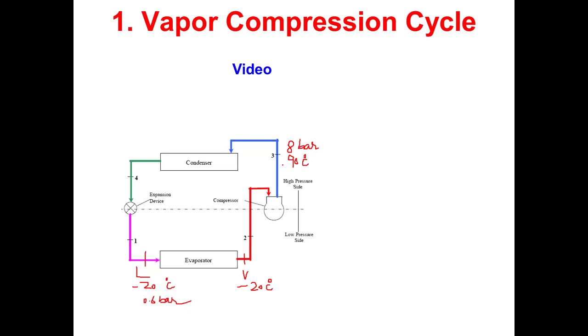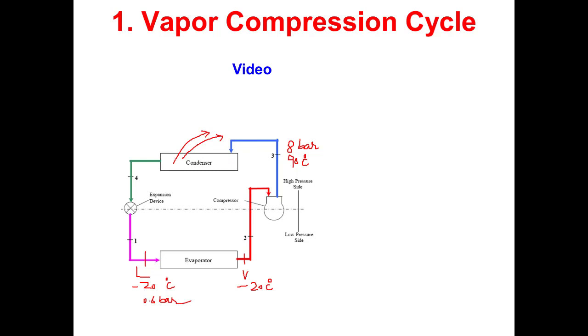So this high pressure, high temperature vapor enters into the condenser. Now the heat absorbed from the evaporator and the heat added as a result of the compression process need to be rejected from the system. So that heat needs to be rejected from the condenser. In the condenser we can use a fan, or we can use the simple environmental condition, the ambient air, to cool down the high pressure and high temperature vapor.